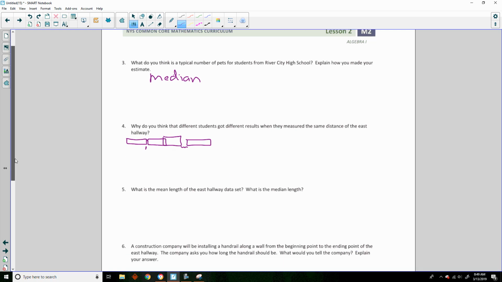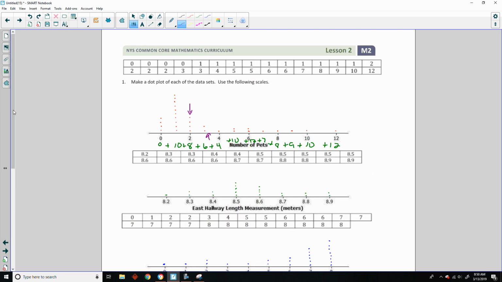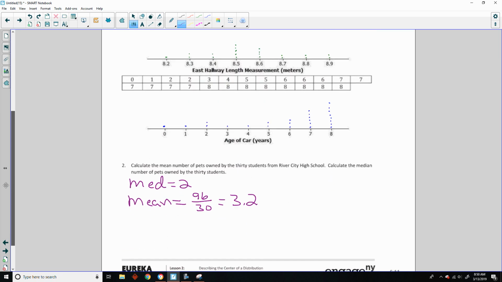Okay. Number 5, what is the mean length of the East Hallway data set and what is the median? So I'm just going to write mean equals and median equals, and now I'm going to go back and look at the data set of the hallway. So we're going to do the same thing we did with the pets. 8.2 times 1 is 8.2. 8.3 times 2 is 16.6.